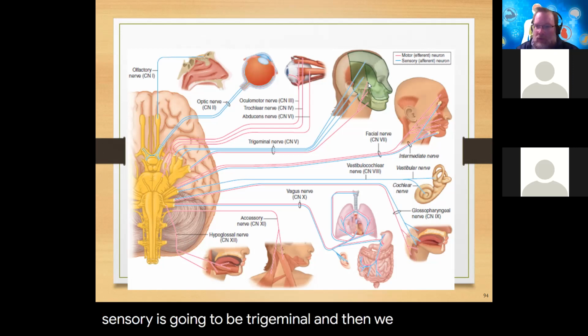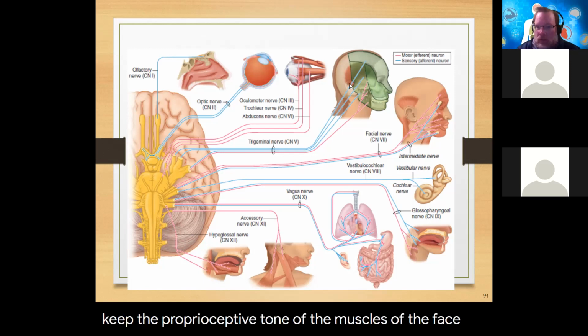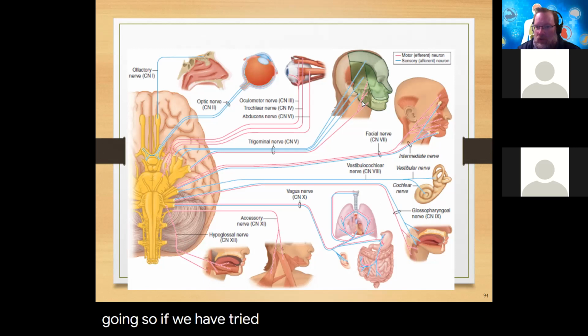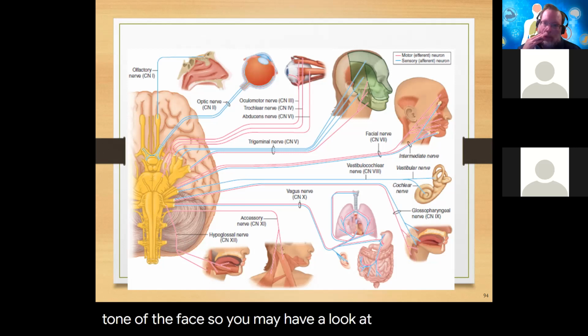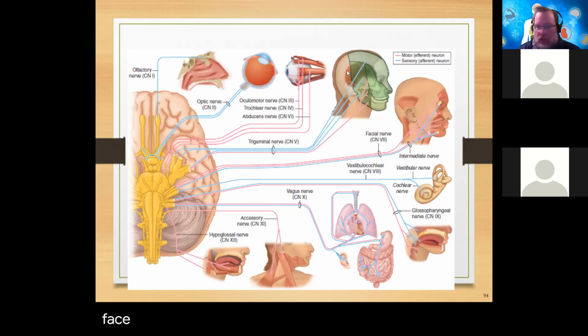And then we also have the motor aspects, primarily the motor aspects that kind of keep the proprioceptive tone of the muscles of the face going. So if we have trigeminal neuralgia, that can lead to then sensory issues potentially, as well as the proprioceptive tone of the face. So you may have like a droopy or saggy face with trigeminal neuralgia.